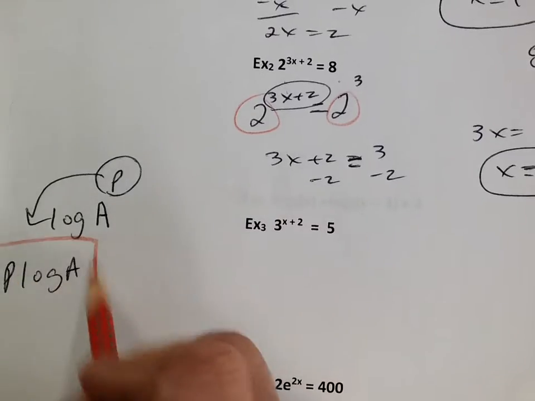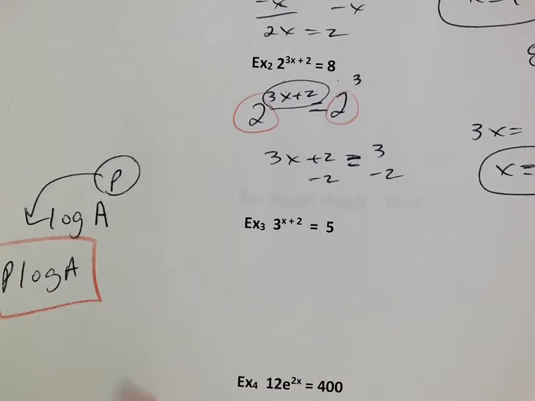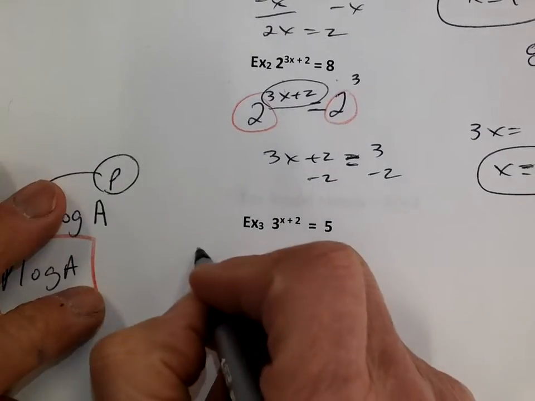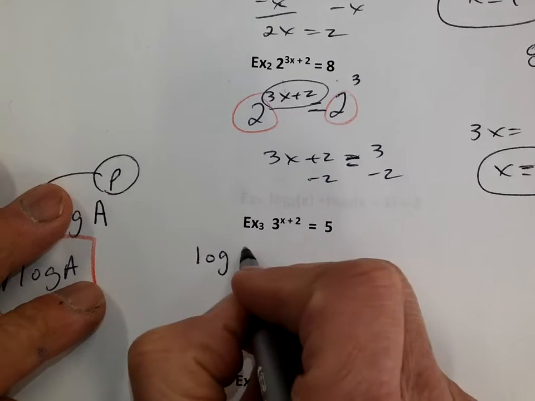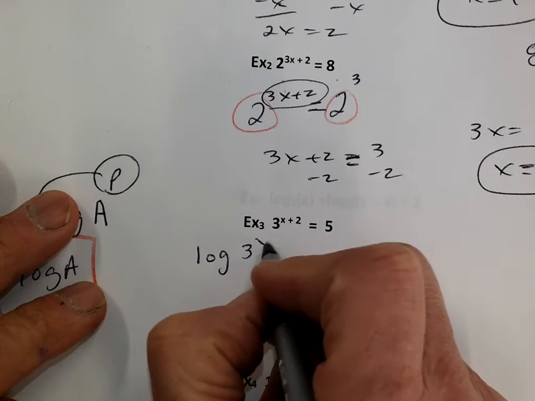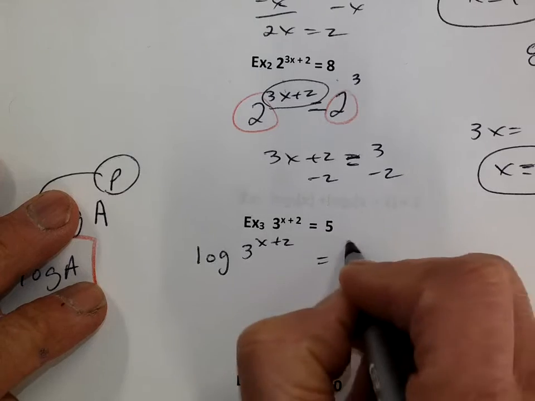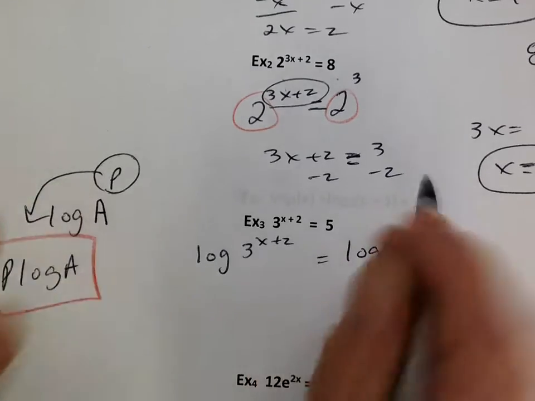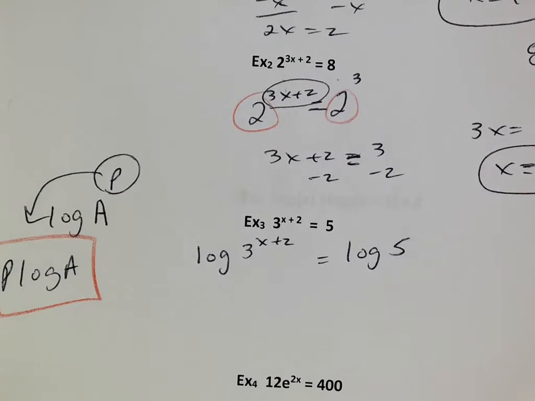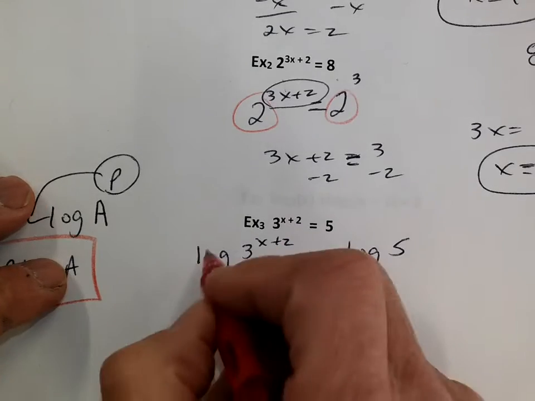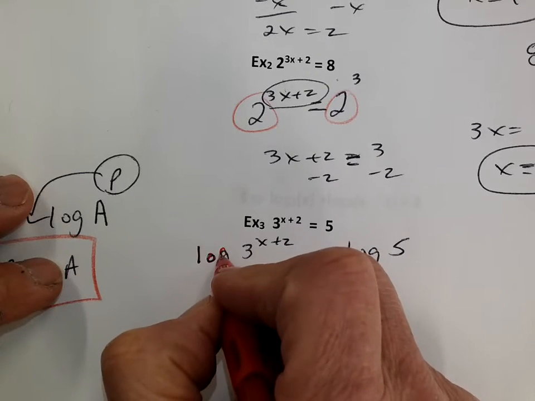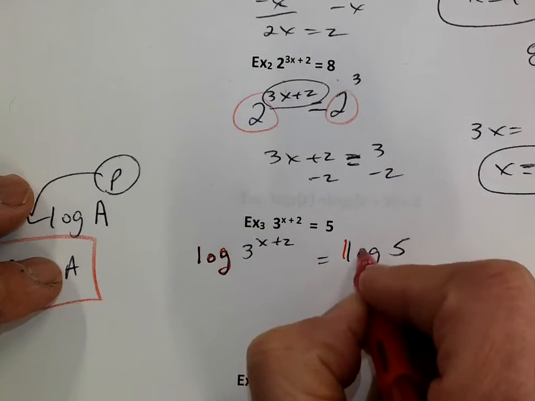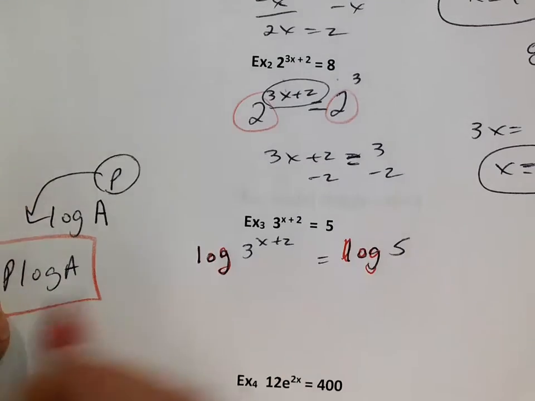So we take the log of both sides. Take the log of that and the log of that. The reason we do that is then we'll apply this rule.